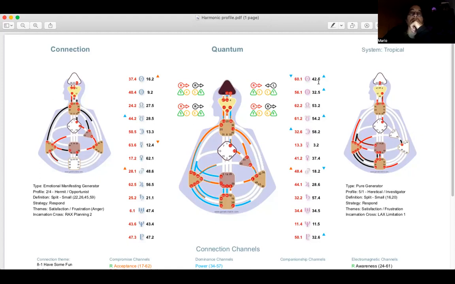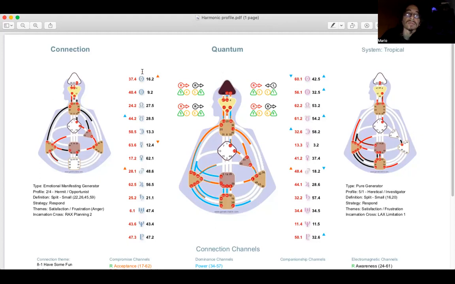That's the 5th line, Sun Earth, the generator over to the 2 for the 2 of the MG. So the 5 harmonizes to the 2. Does the 1 resonate to the 4? No, it's not the same number. Does the 1 harmonize to the 4? Yes, it does. So we have a harmony between the 5-1 profile and the 2-4 profile.